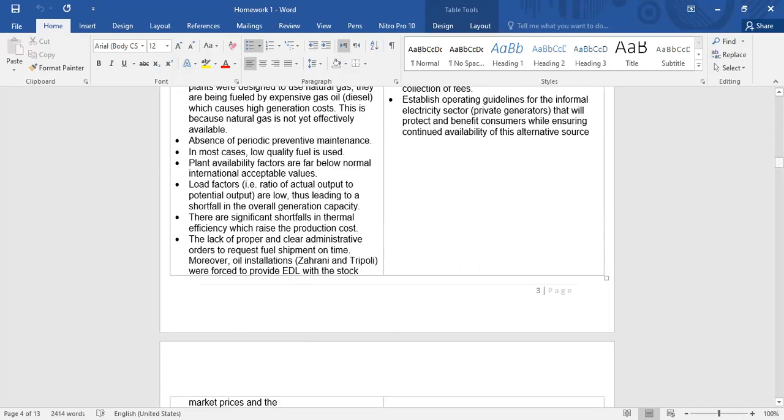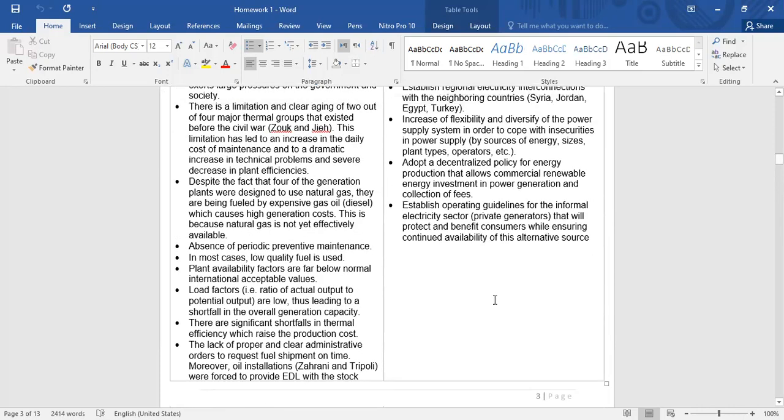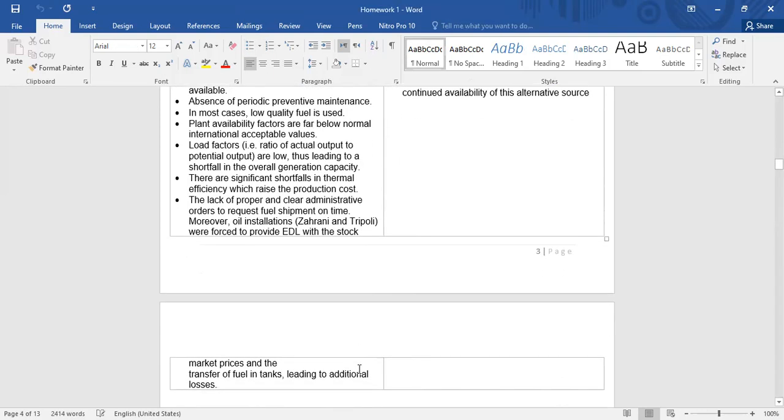With the lack of proper and clear administrative orders to request the fuel shipment on time, many of the fuel are late to be delivered due to sometimes financial problems. And there is no stock in each generation factory.